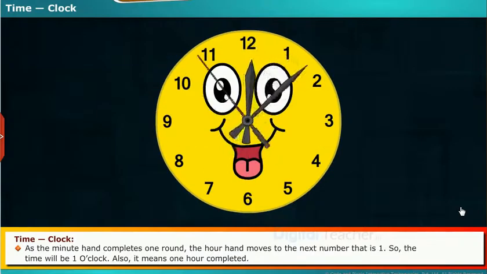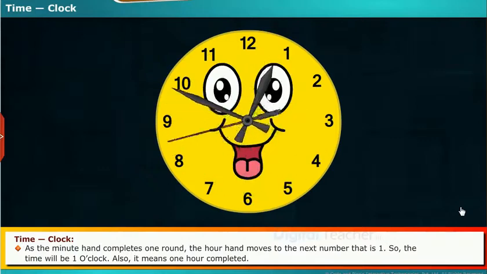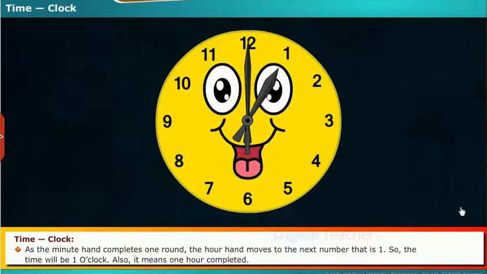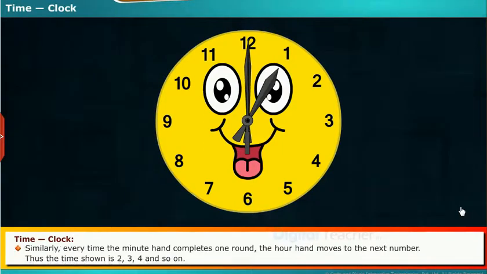As the minute hand completes one round, the hour hand moves to the next number, that is 1. So, the time will be 1 o'clock. Also, it means 1 hour completed. Similarly, every time the minute hand completes one round, the hour hand moves to the next number.